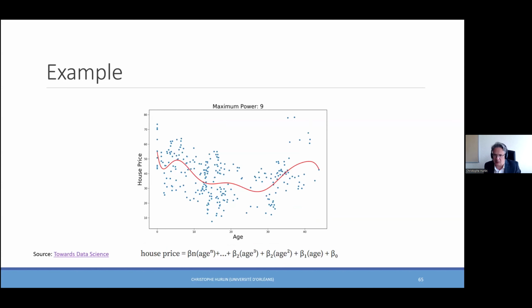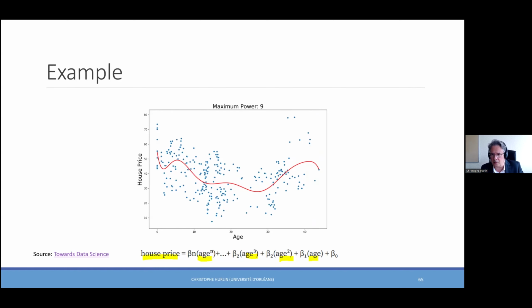Let me illustrate. This is the same idea, but with real data. We want to predict the price of a house depending on its age.